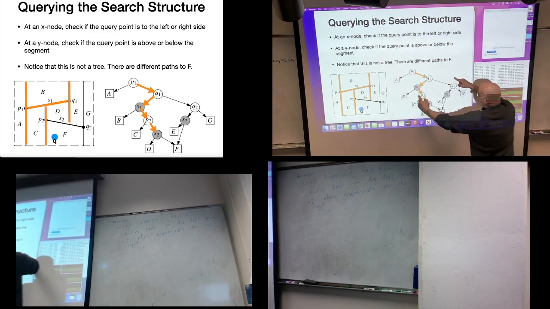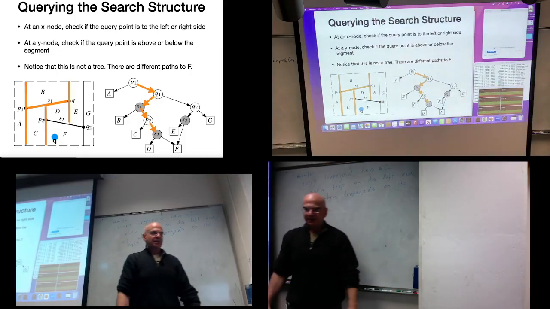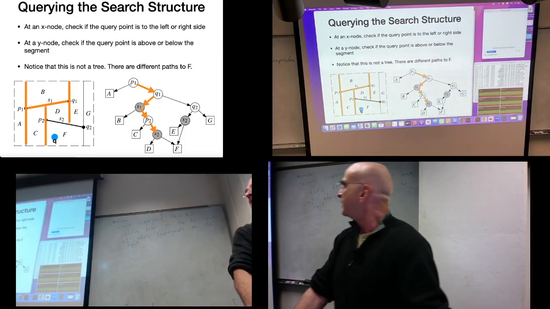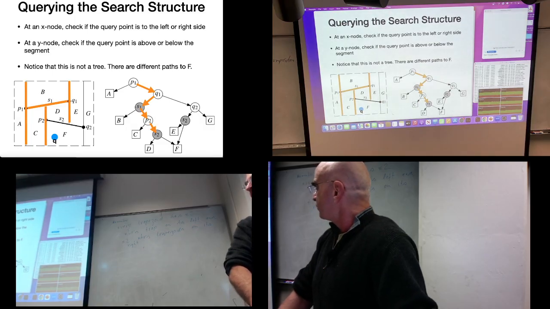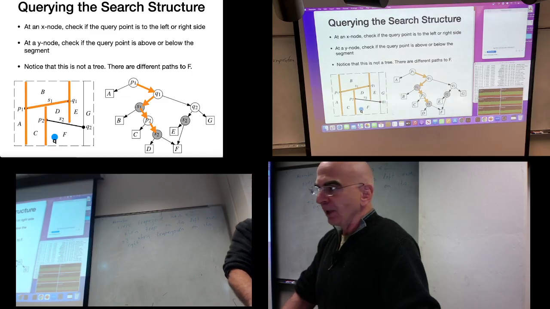So it's not surprising that there are two paths that reach F. That is, once I declared Q1 to be part of the tree, I did not split anything that is above or below Q1.